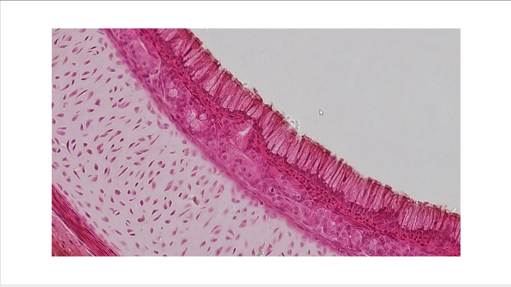Now, they call it pseudostratified because it looks like stratified. It looks like multiple layers because the cells don't all line up, but it's really not. It's really one layer. So the trick to identifying this is look for the space. You know it's epithelium. Look for tall cells. It's columnar. If it has hair, it's pseudostratified.